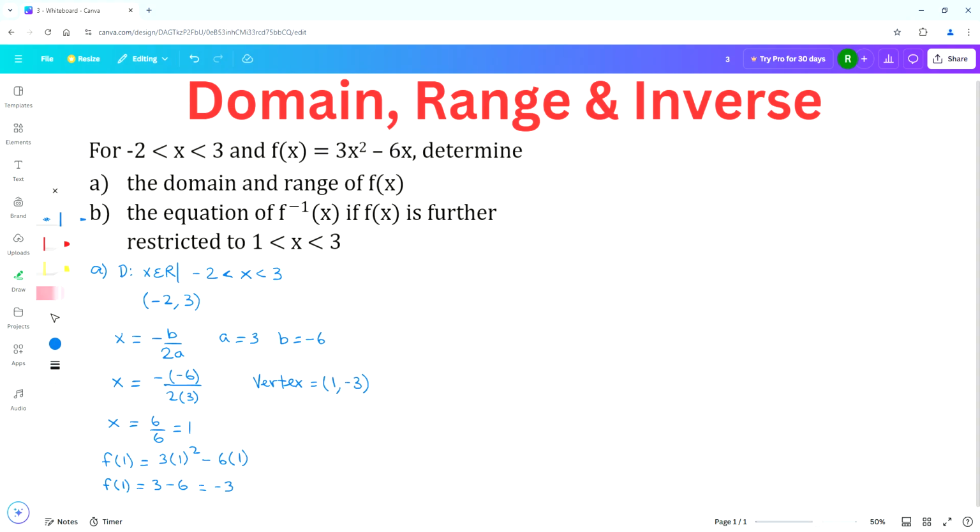Next, we should find the higher limit for the range. For that, we should sub in the endpoints of the given domain in the function f(x). Let's start by subbing in x as -2. -2 squared is 4, 3 times 4 is 12. -6 times -2 is +12.